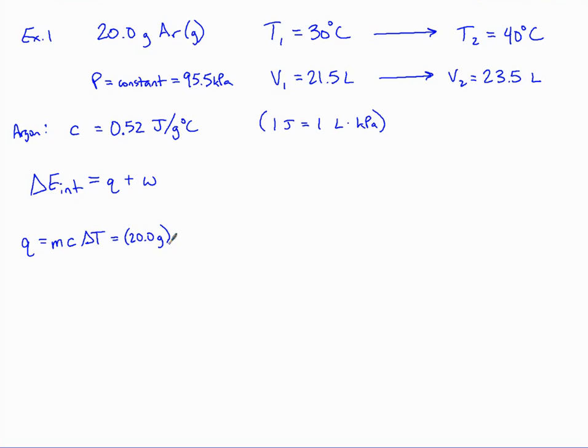This is one of the few places in chemistry where we're not going to change it to moles, because if you look, this specific heat, which comes next, is 0.52 joules per gram degree Celsius, and these grams are going to cancel out just like that.